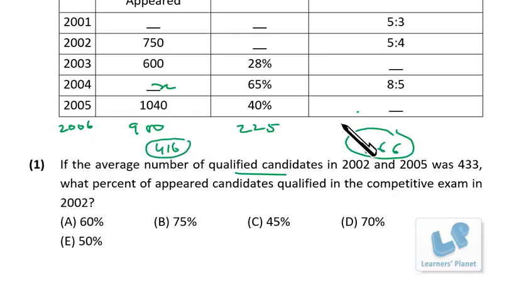So if we deduct this from this, we'll be able to get the number of qualified students in 2002, right? So that is 450. So we have to find out 450 out of 750. So that is 60%.